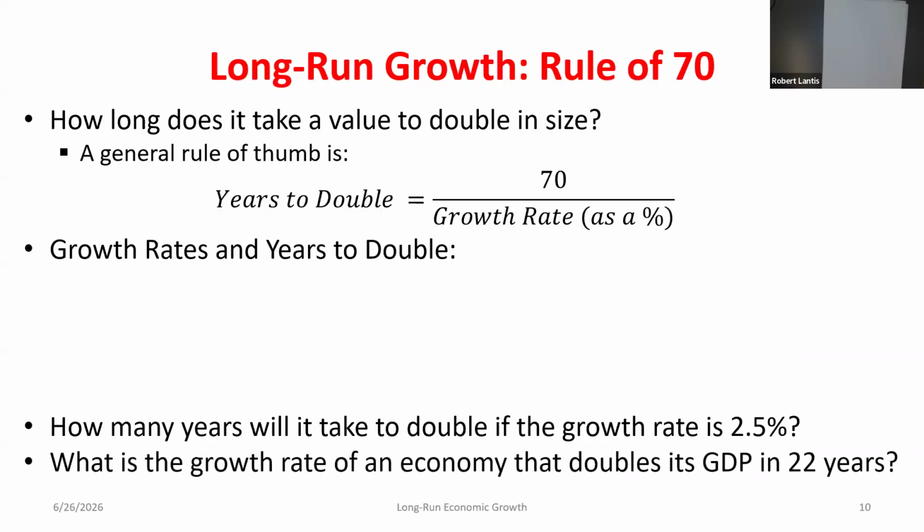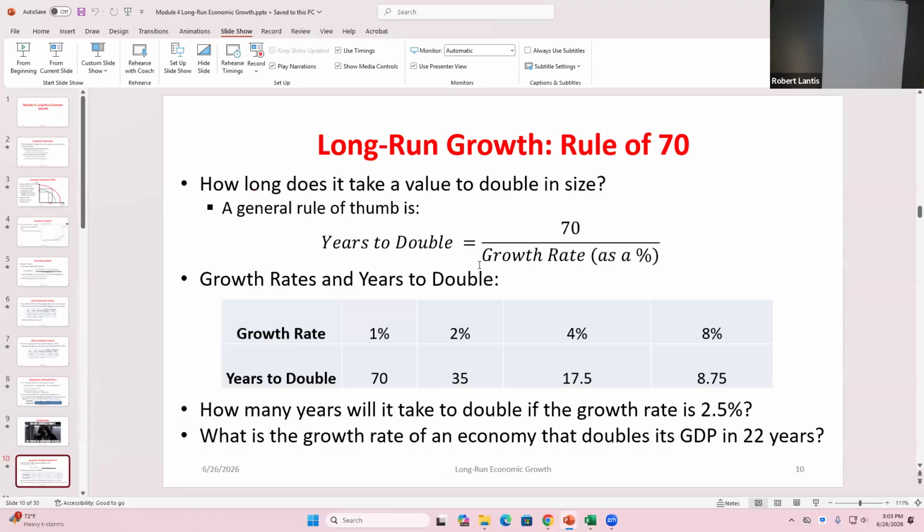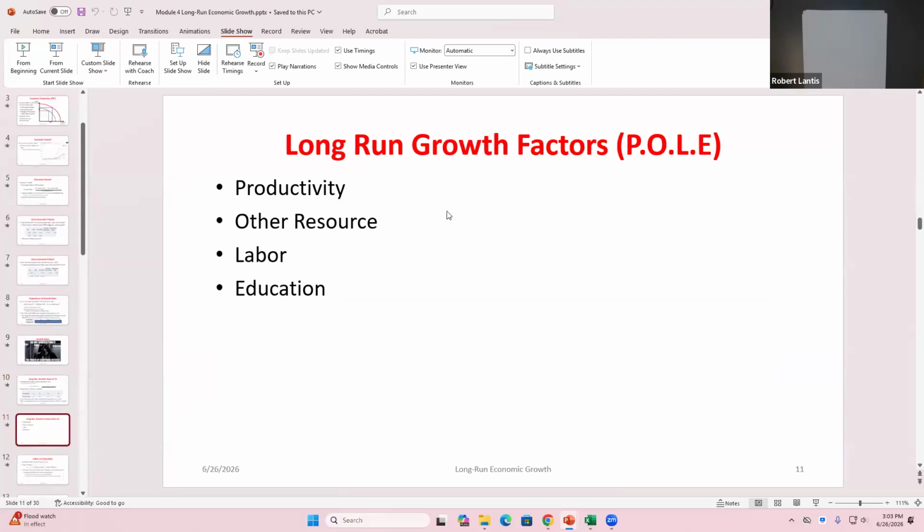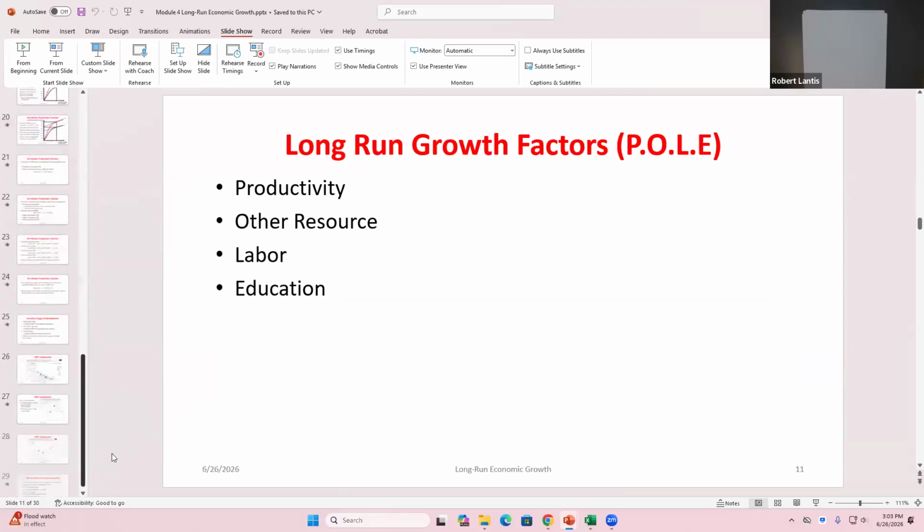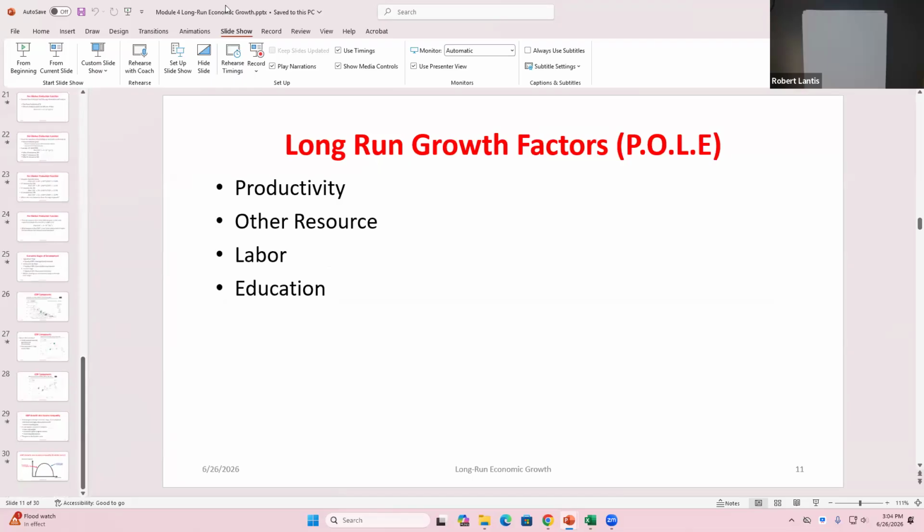So I'm going to hold off on this. We'll pick up on Monday's class, just to review what we're talking about here with compounding growth, and revisit this idea. We'll then transition to talking about factors that impact long-term growth. I think we should be able to get through all of the remaining material for Module 4 by the end of class on Monday, if not very close.